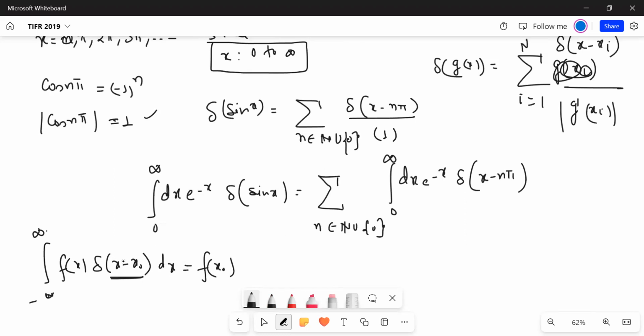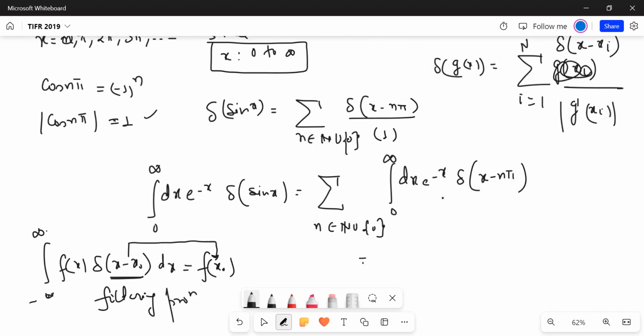So all you need to do is replace x inside the function by the zero of the argument of the Dirac delta function. The argument x minus x naught becomes 0 at x equal to x naught, so this integration happens to be f of x naught. This is at times referred to as the filtering property.